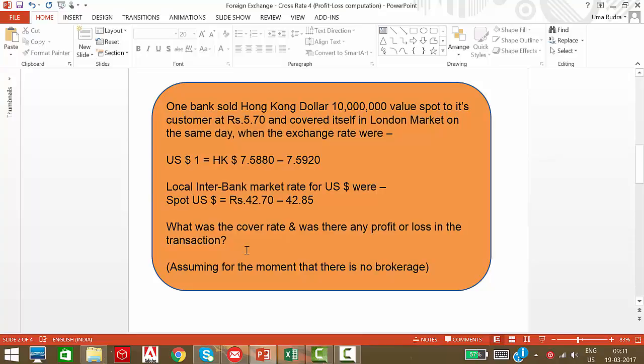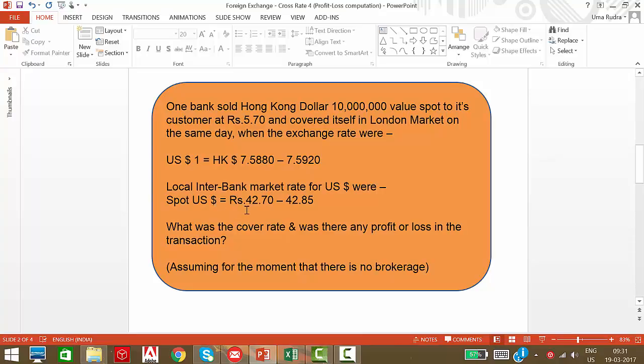Now in London market, US dollar versus Hong Kong dollar rates are given. 1 US dollar equals to Hong Kong dollar 7.5880 and 7.5920, two-way quote, right? Bid and ask rate.